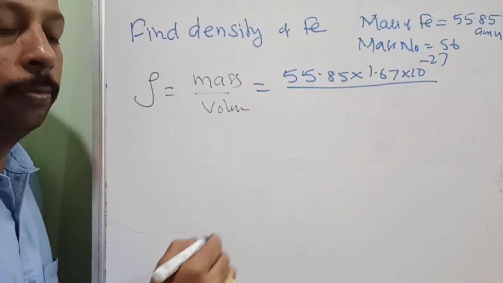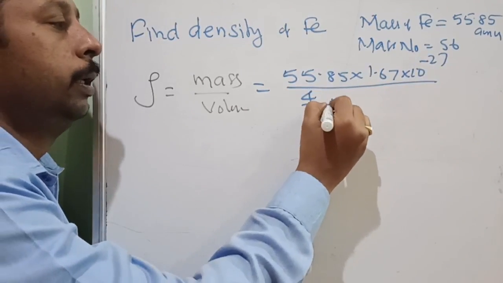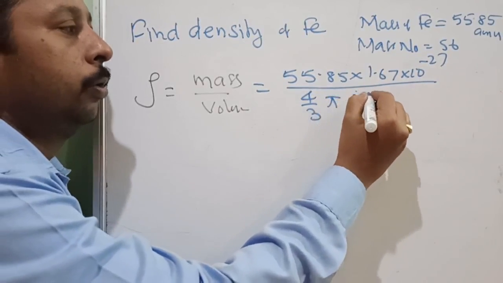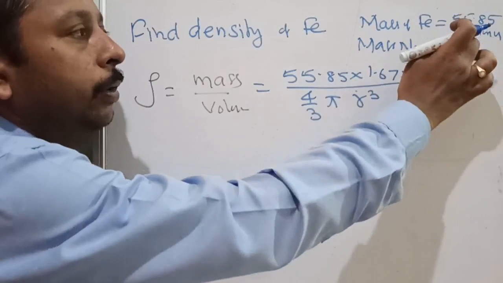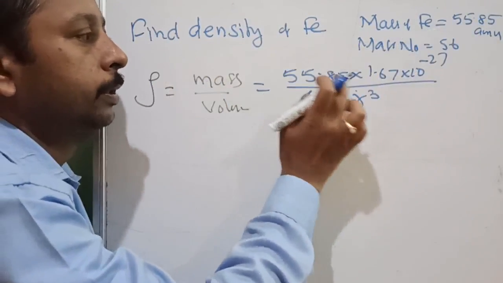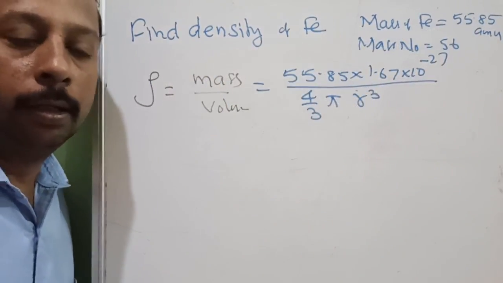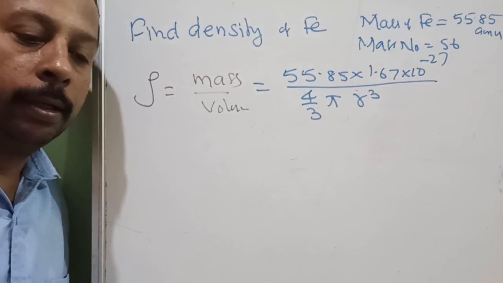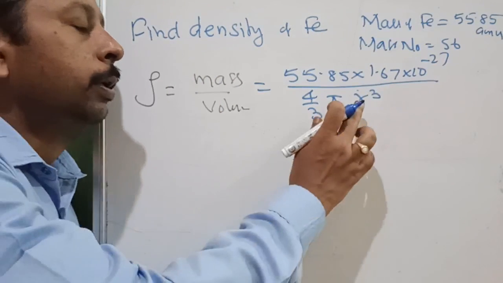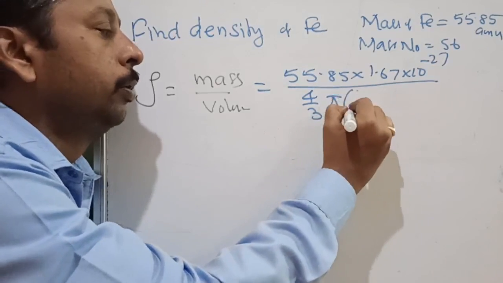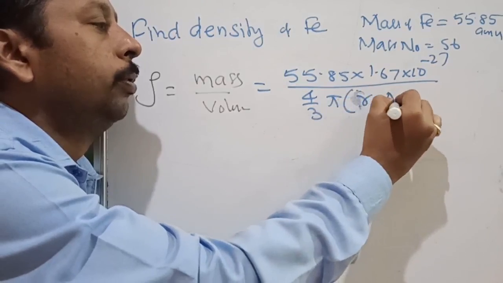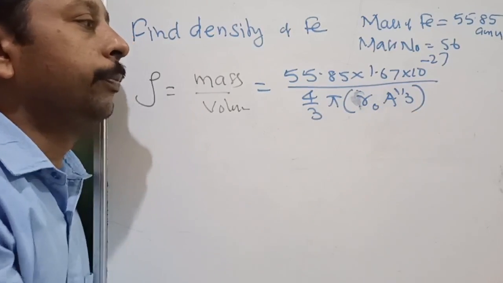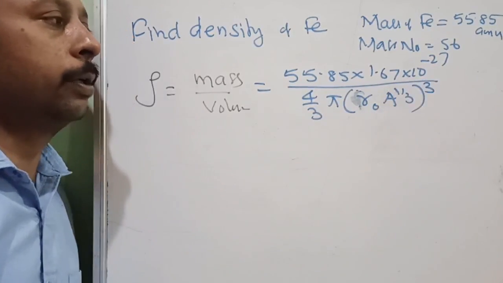And volume is 4 by 3 pi r cube. Okay. But that time these two values I had cancelled, A of this and A of this was cancelled. Now they are not going to be cancelled. Is it understood? Here r cube, I will write it as r0 into a to the power of 1 by 3, whole cube. Is it understood?